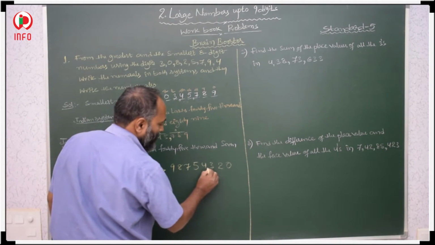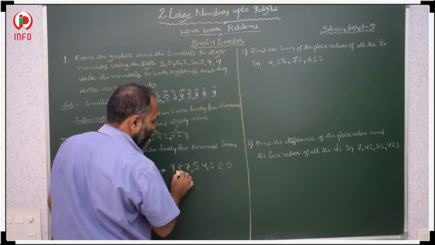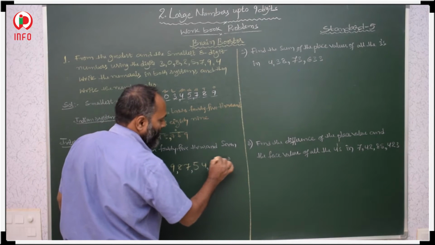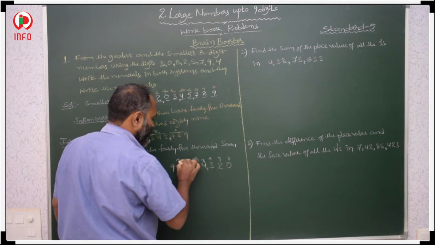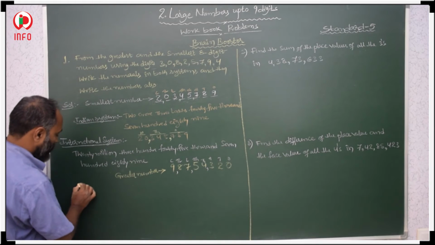Now in the Indian system, commas after 3 digits and then 2 digits: ones, tens, 100, 1000, 10,000, lakh, 10 lakh, crore. That is the Indian system.